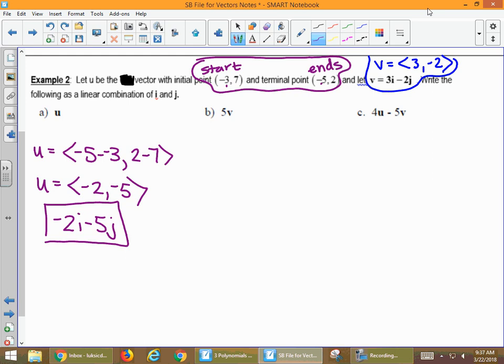So you can work with either form here for v. We just need to end up with i's and j's because that's what our directions say. If you start with 3i minus 2j, you can just distribute the 5 through just like you would in component form.